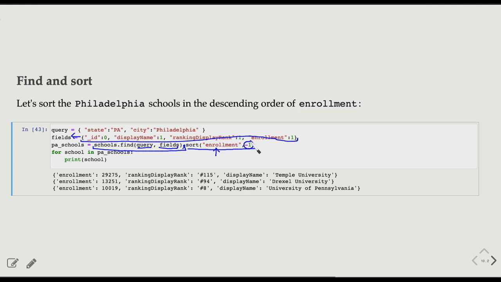And when you have a -1 here, that indicates the negative order, which is the descending order. Okay, so we are going to see the same 3 universities, but in a descending order in terms of enrollment. Okay, so Temple University, because it has a large number of students, will be listed first.